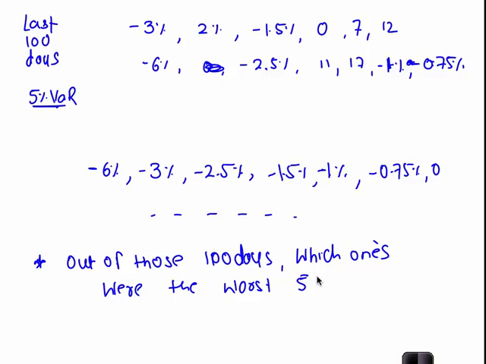Because with VaR we are always looking at the left tail. So which ones were the worst 5 days? So this was 1, this was 2, this was 3, this was 4, this was 5. Out of those worst 5 days, you have to take the least worst.